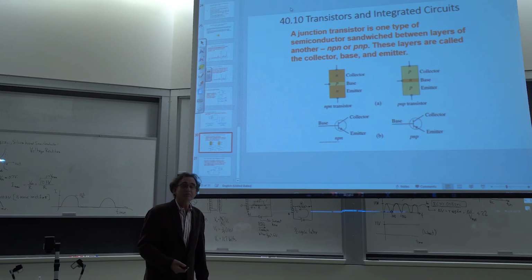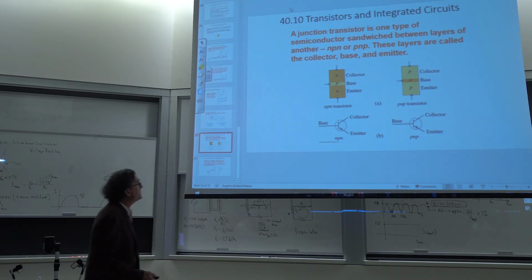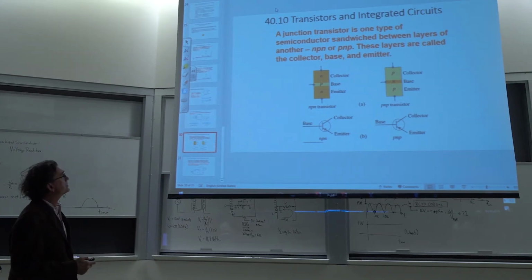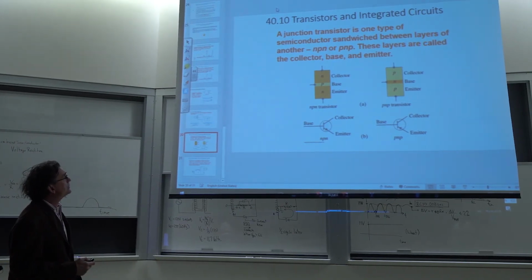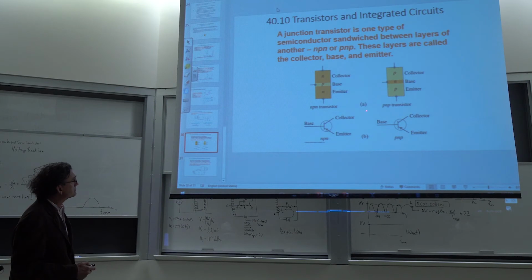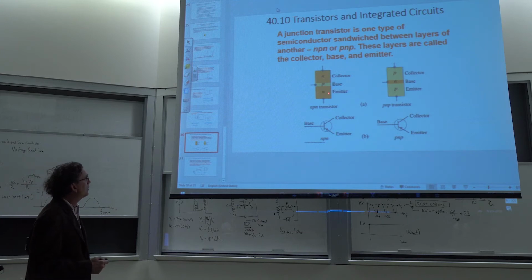This was the beginning of the miniaturization of electronics. The basic idea of the transistor is that we sandwich together three semiconductors. One has a very thin region in the middle with two thicker ones on the end.